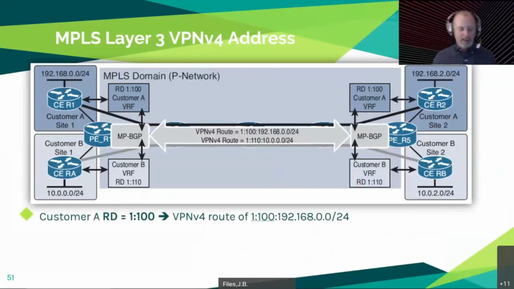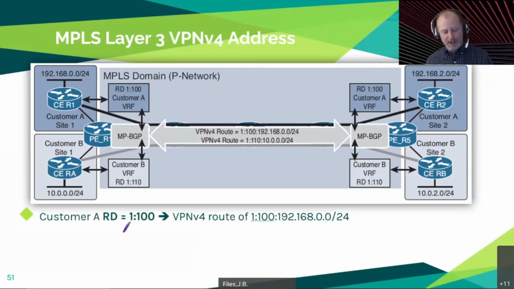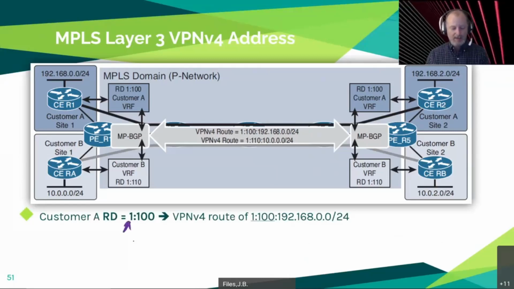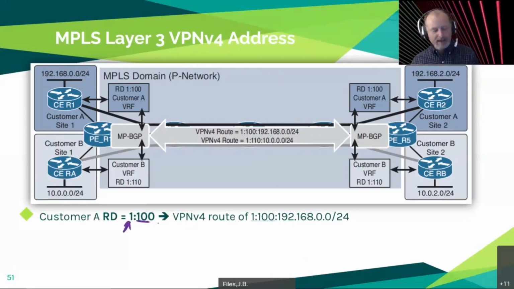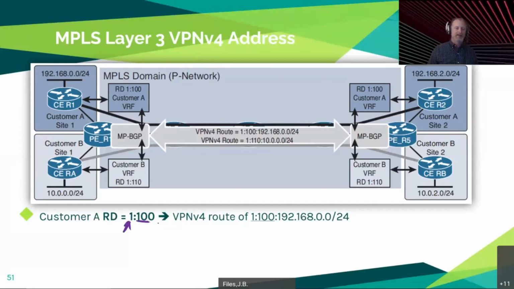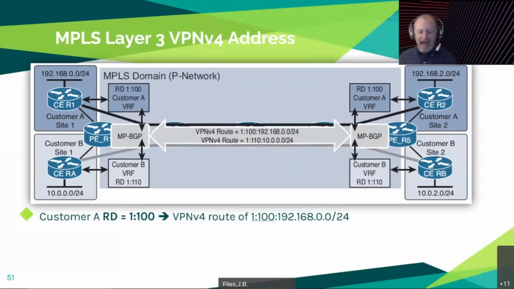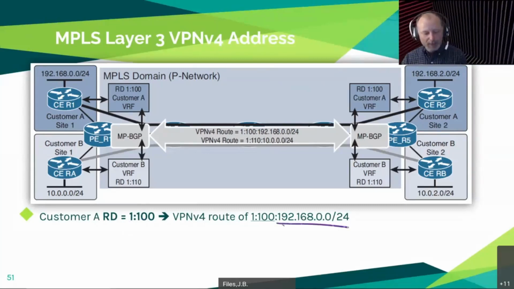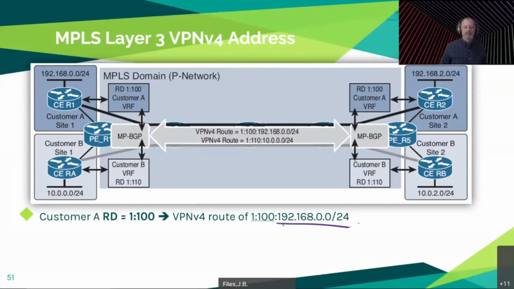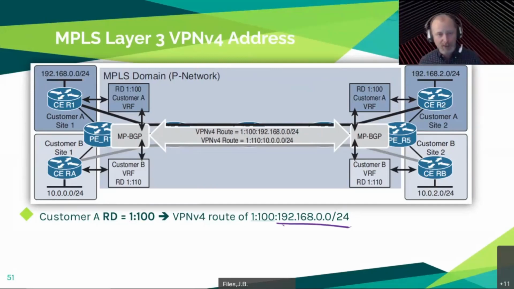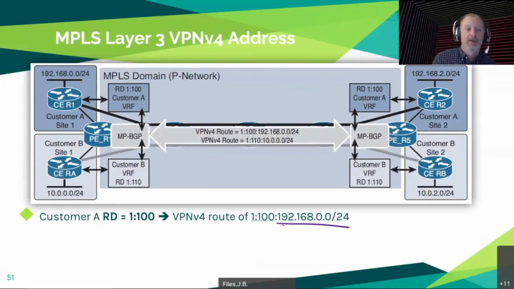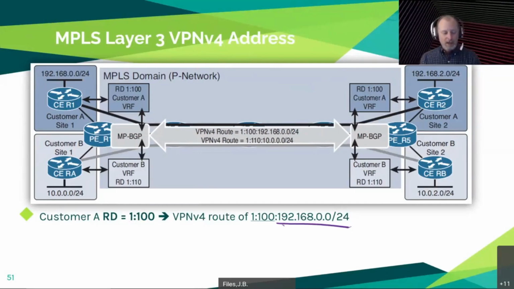So in this example, we're just doing AS1 with a VPN identifier of 100, added to the 32-bit route itself.